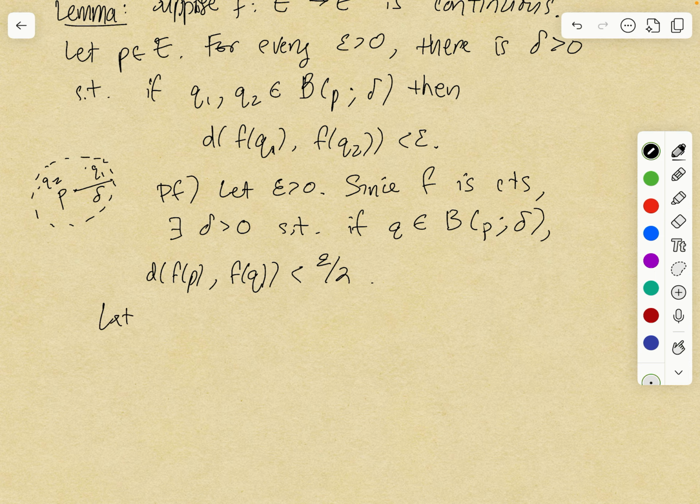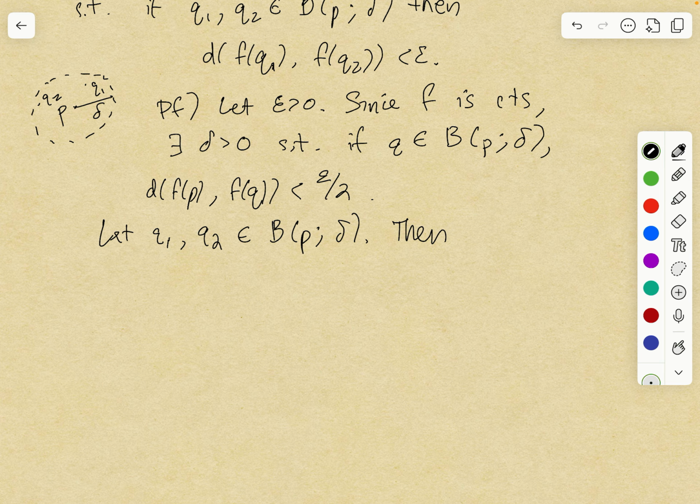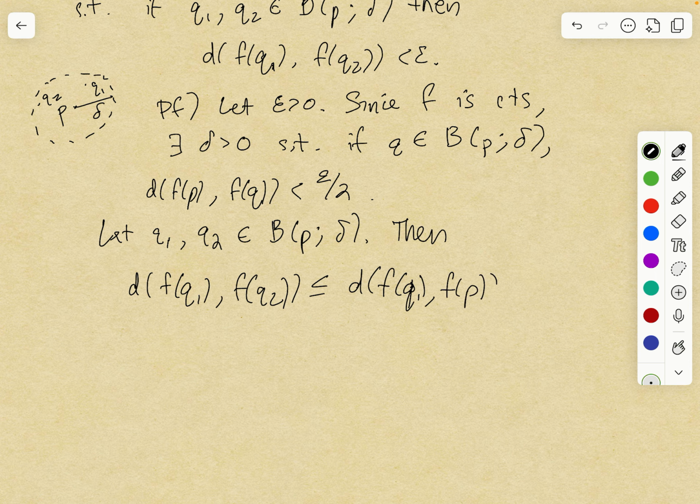Now let Q1 and Q2 be within delta of P, this delta. Then the distance between f of q1 and f of q2, by the triangle inequality, is less than or equal to the distance between f of q1 and f of p plus the distance between f of q2 and f of p.